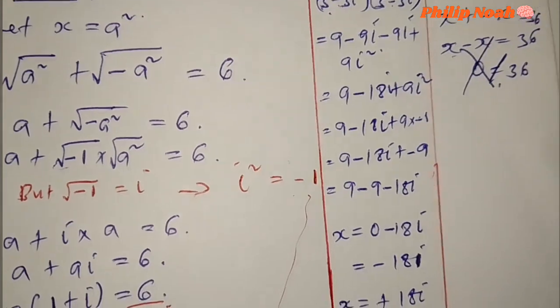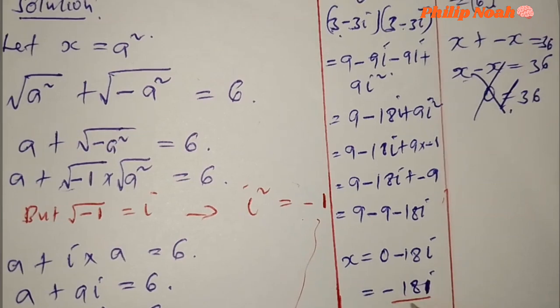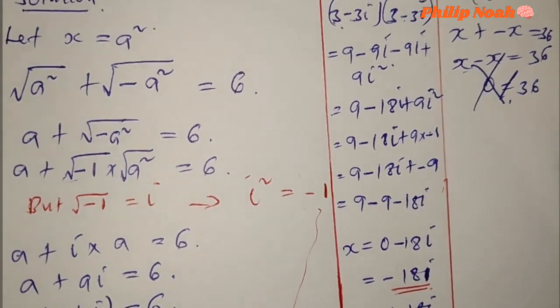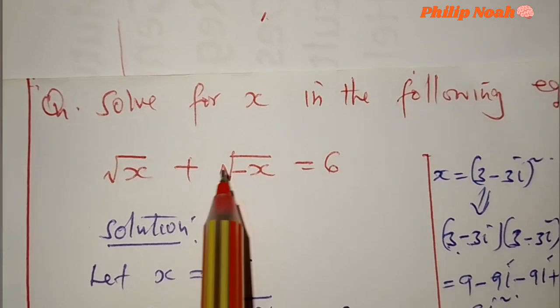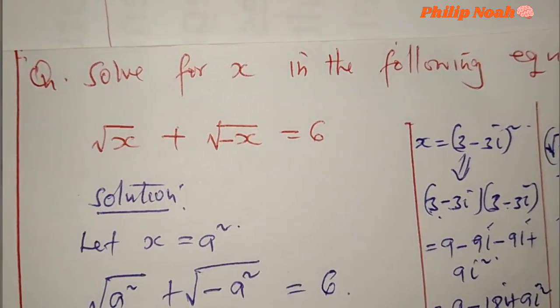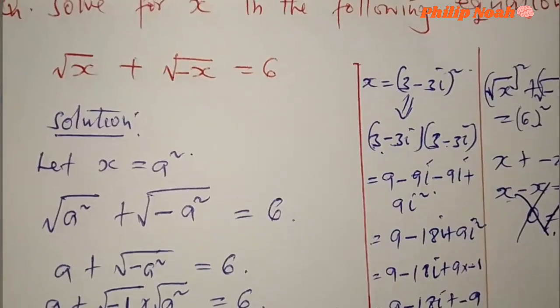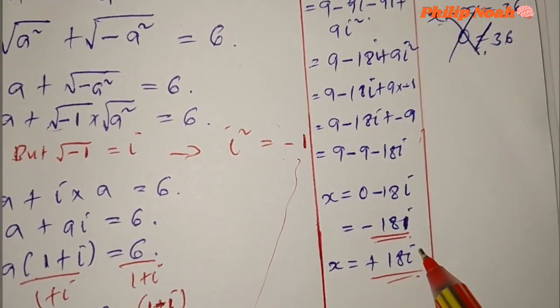So the values of x in this equation are negative 18i and positive 18i. Because if you look at this equation, x can be negative 18i or positive 18i.